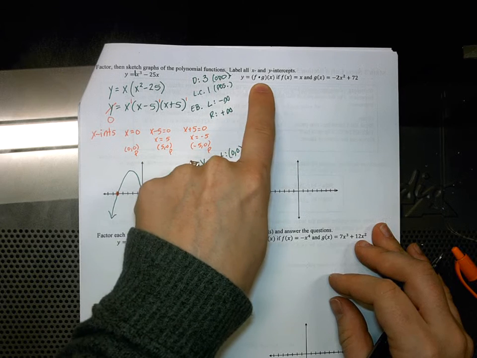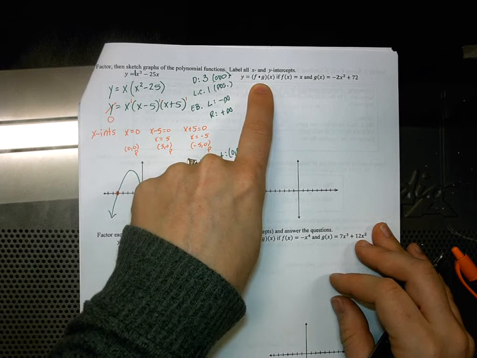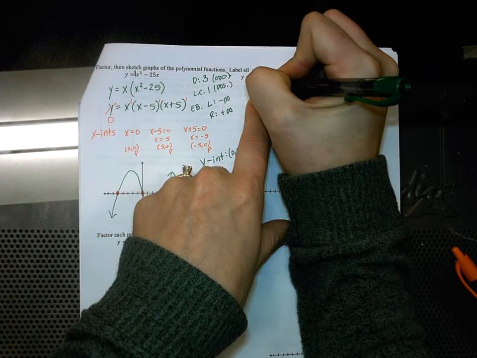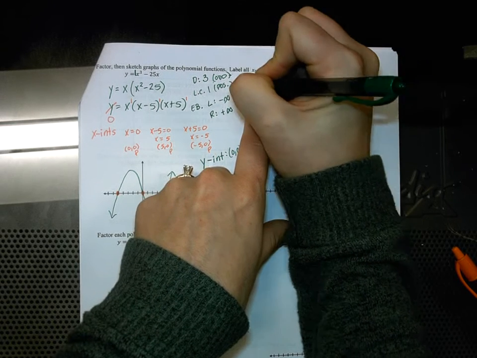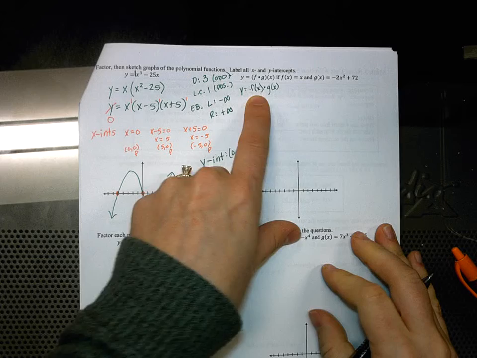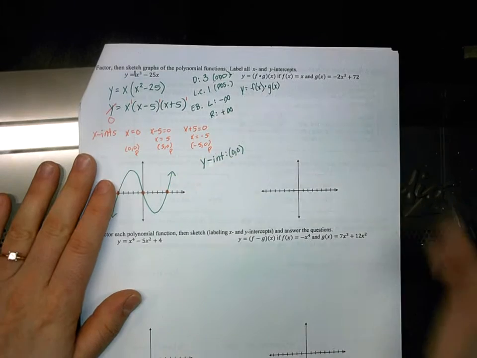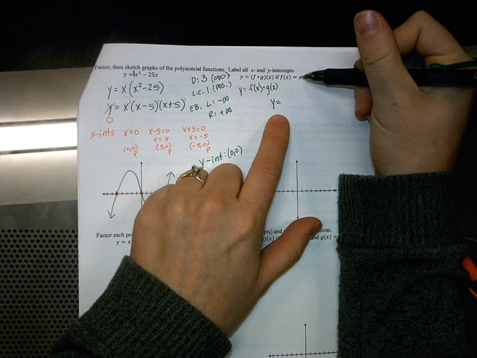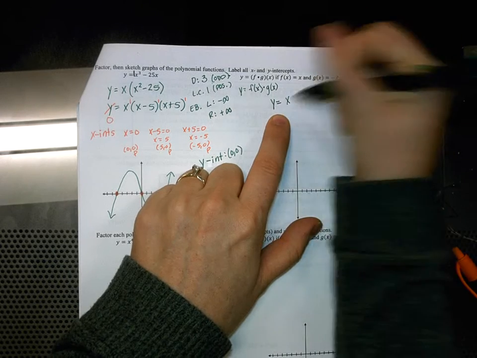Yeah, f of x times g of x. So my y is going to be equal to f of x times g of x, which means I write out y is equal to f of x, which is x, times g of x.